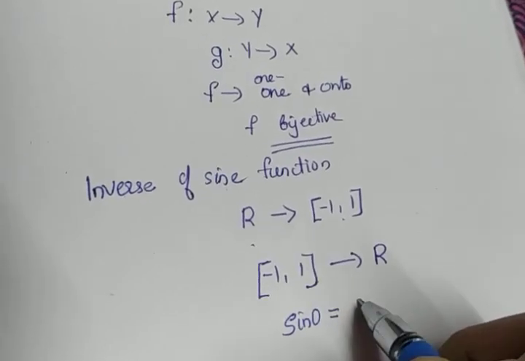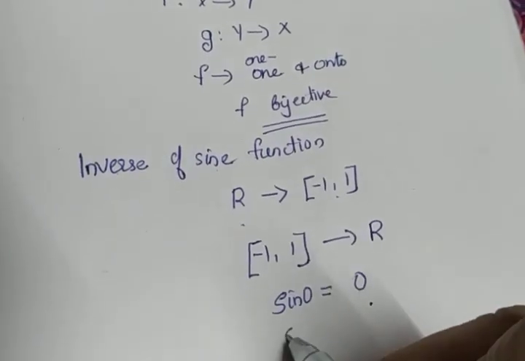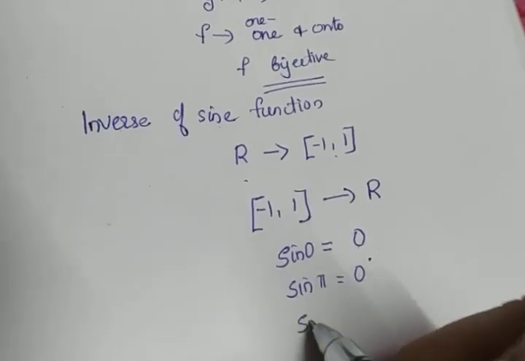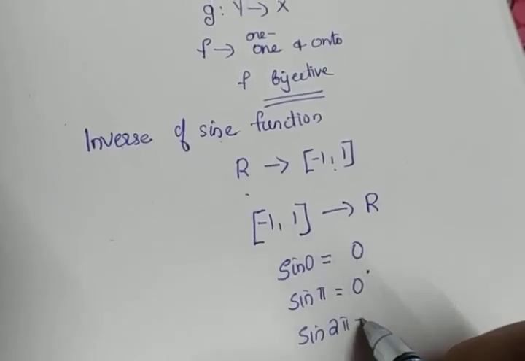What is sine 0? Sine 0 is 0, isn't it? What about sine pi? Sine pi is also 0. What about sine 2 pi? Sine 2 pi is also 0.